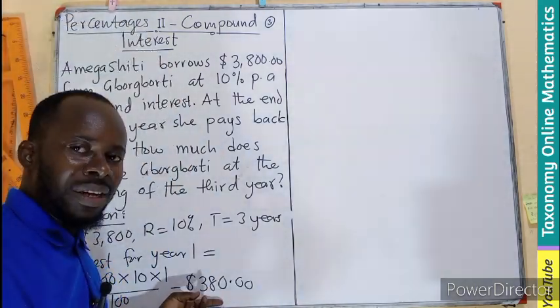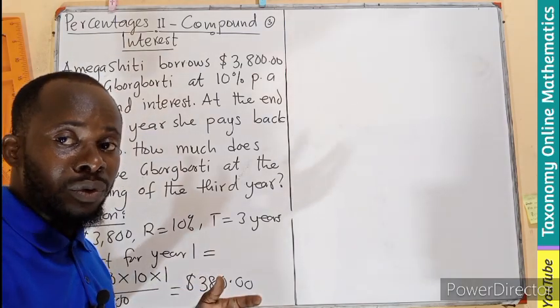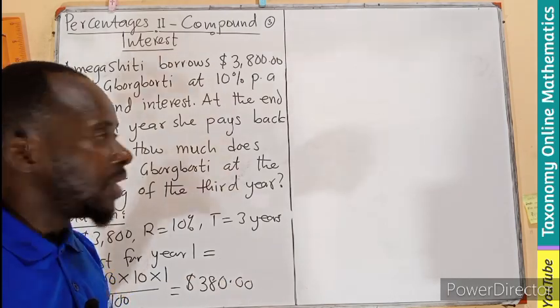All right. This interest accrues, so we have to add it to the principal to know the amount we are to pay at the end of that year.